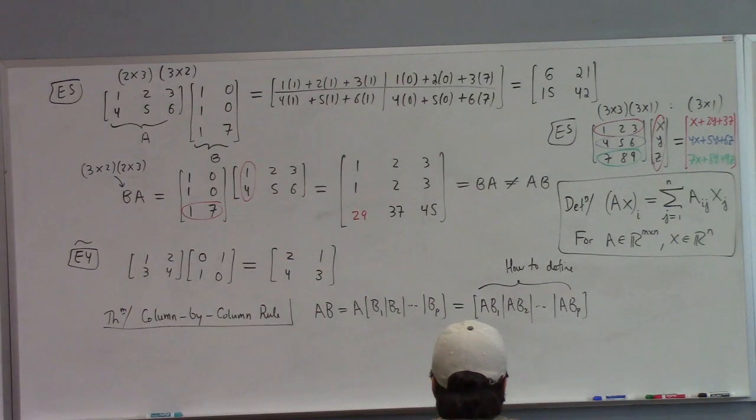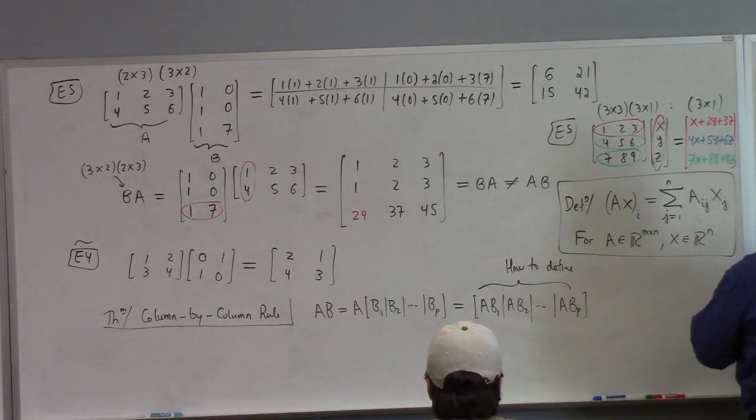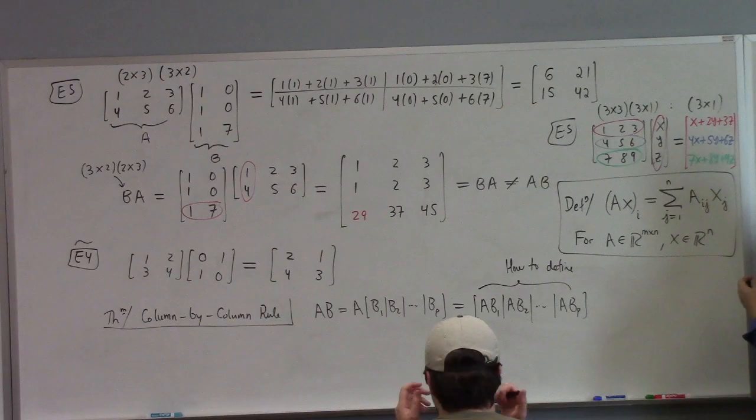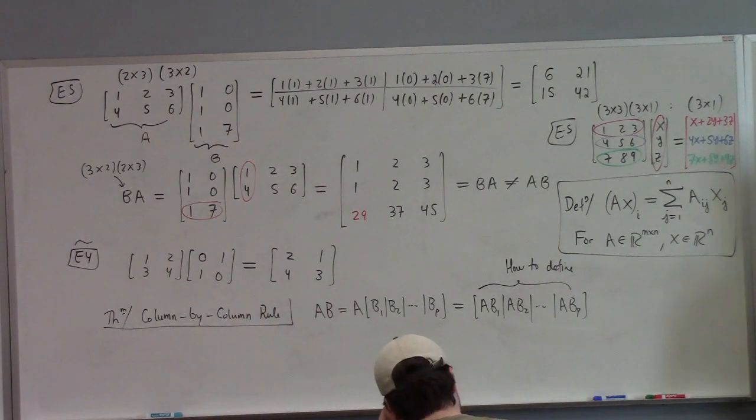Let's see here. So, example 6. We could do something like 1, 2, 3 times, say, 4, 1, 1, 0, 1, 1, for instance. So this is a row, this is a 1 by 3, right?